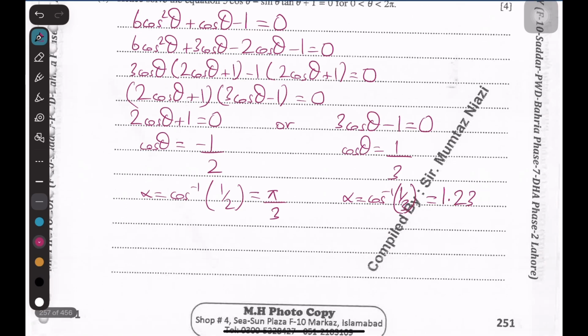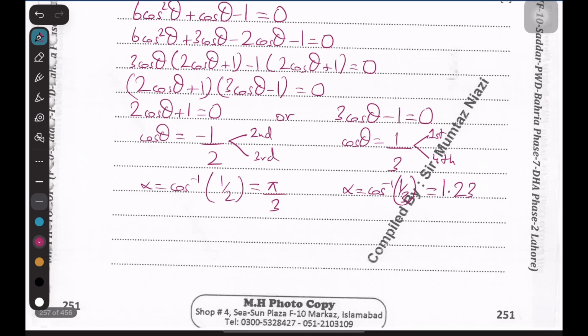So for the first one, this has cos as negative, which is in the second quadrant and third quadrant. This has cos as positive, which is in the first quadrant and the fourth quadrant. So we have second quadrant, theta will be pi minus alpha, and third quadrant, theta will be pi plus alpha. So we have 2 pi by 3, and we have 4 pi by 3.